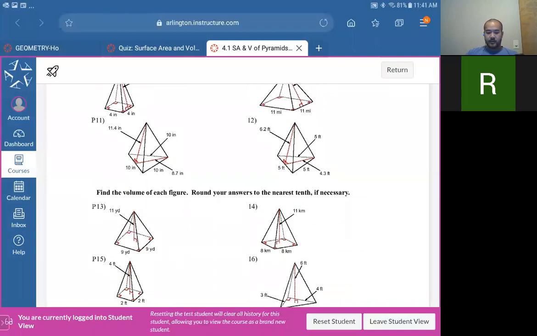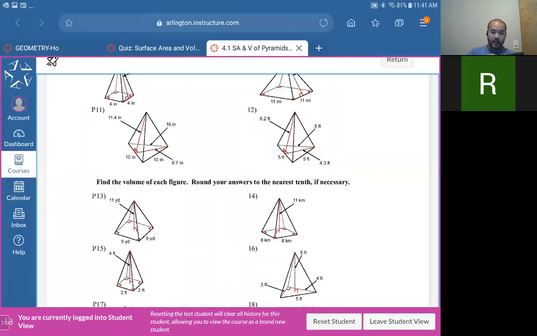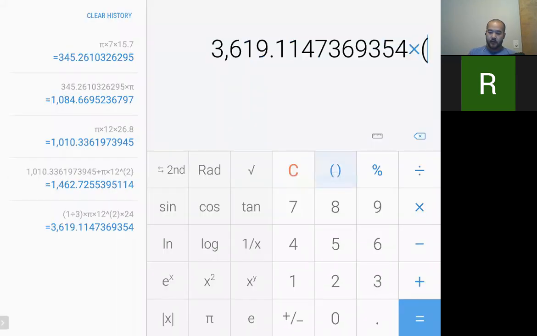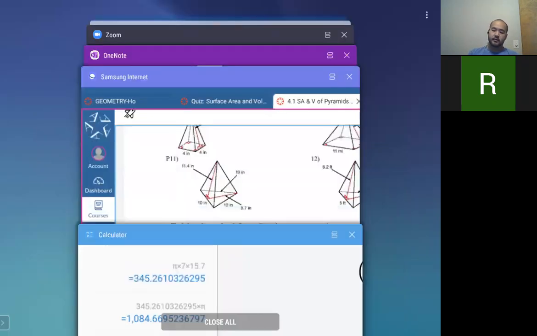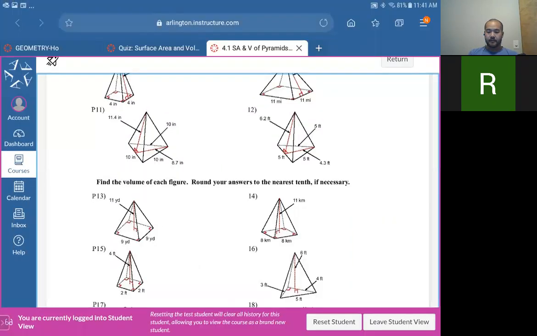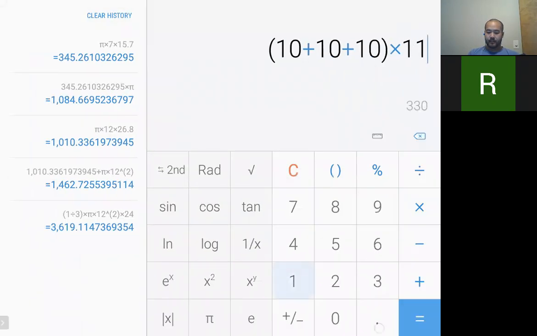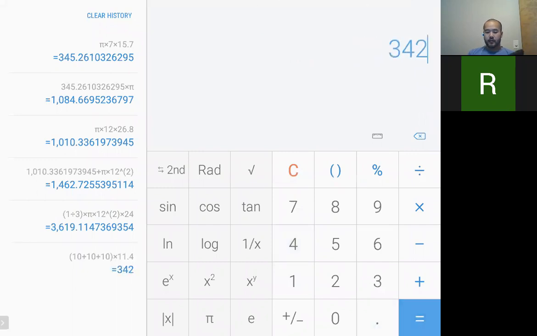So the perimeter is 10, 10, 10, so the perimeter is 30. And then times the slant height, 11.4. Number 11 here. All right, there is your lateral area.